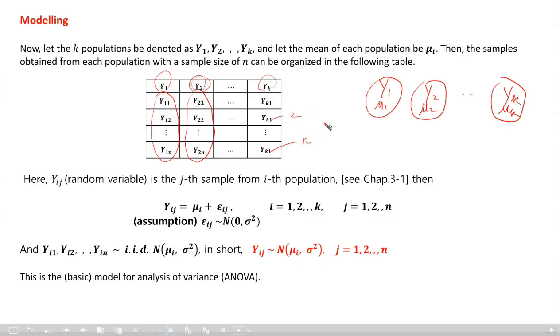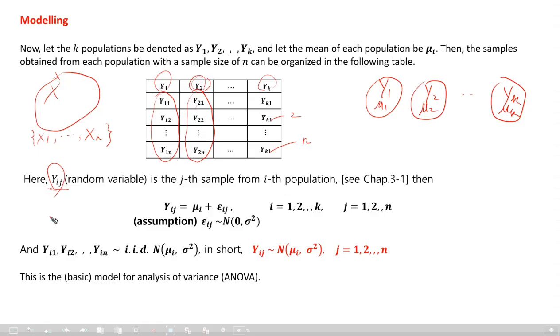Here, yij is a random variable. We studied population x, then we say sample x1, x2, xn. But now we have two subscripts. yij here is the jth sample, the second subscript, from the ith population.